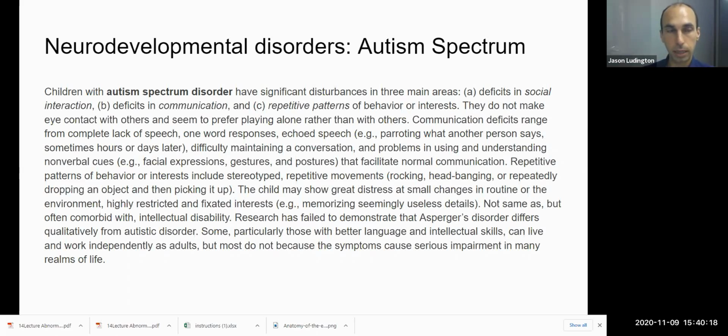Again, that might be due to greater recognition of it, greater ability. So more cases of parents bringing their children to get diagnosed, but it might be more than that. Autism is strongly influenced by genes.